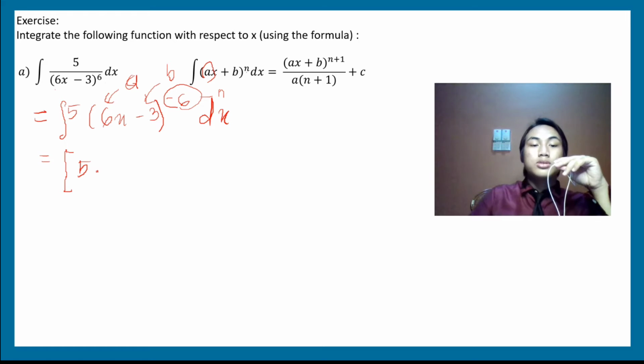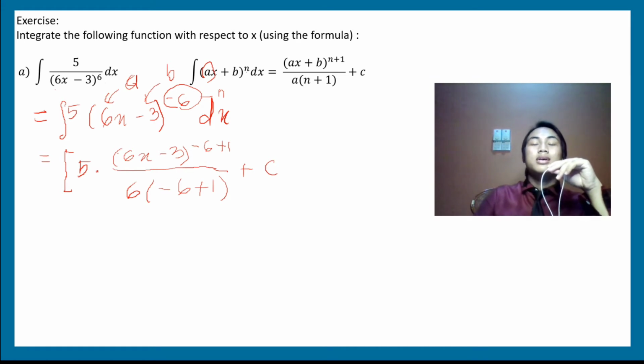Okay, so here we have, just copy the function first, and then the power is +1, and then over A. What is our A? 6. What is our N? -6 plus 1 plus C. Okay. So, we simplify.